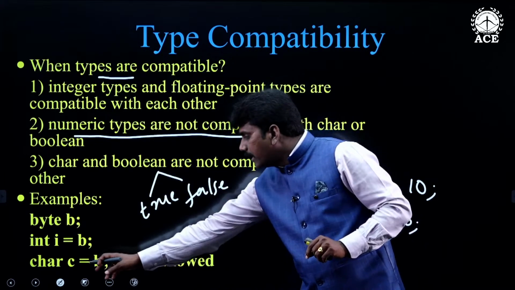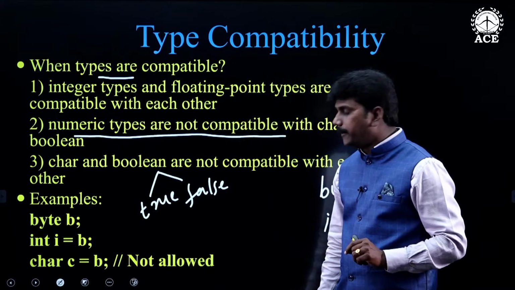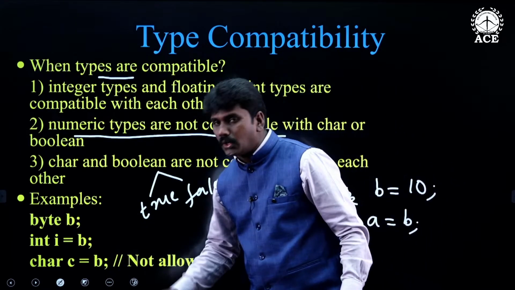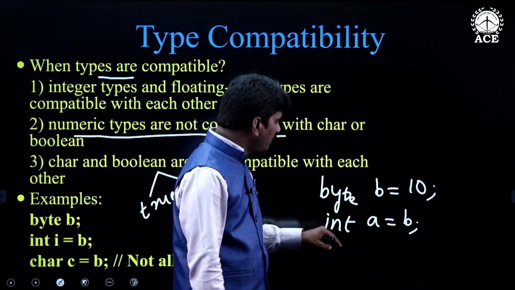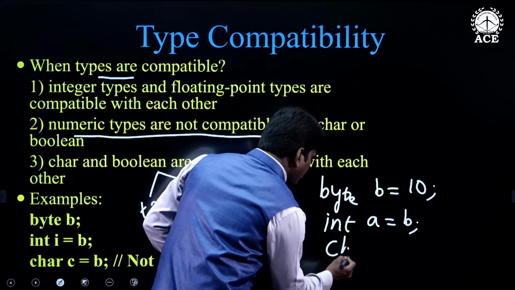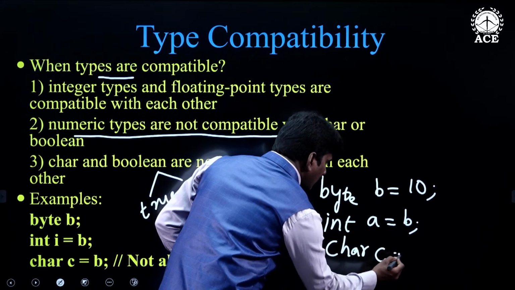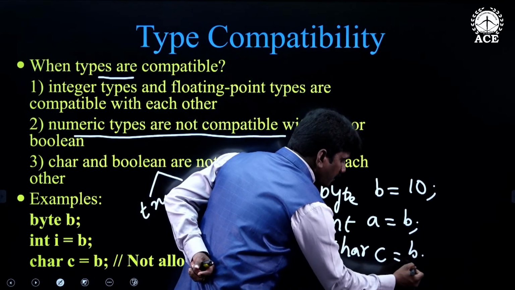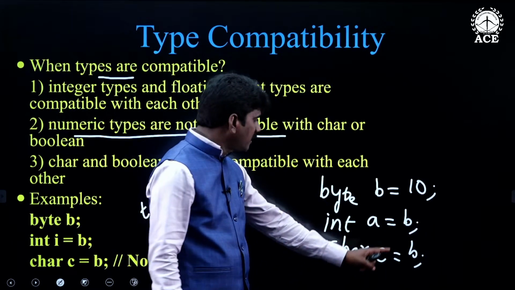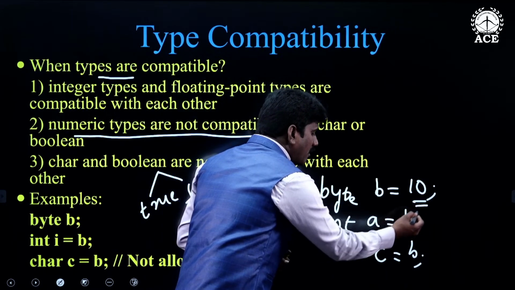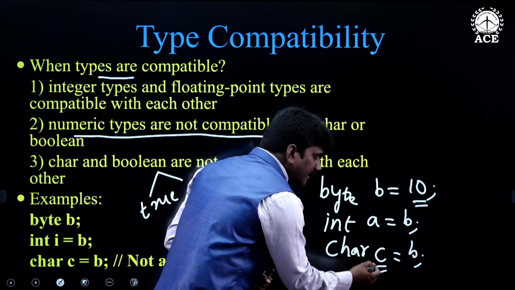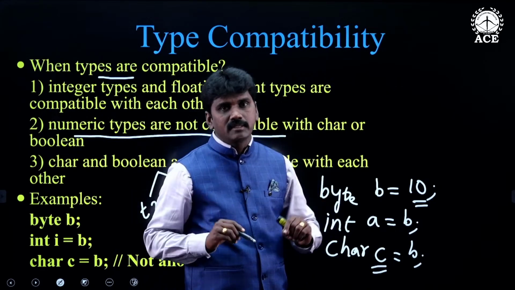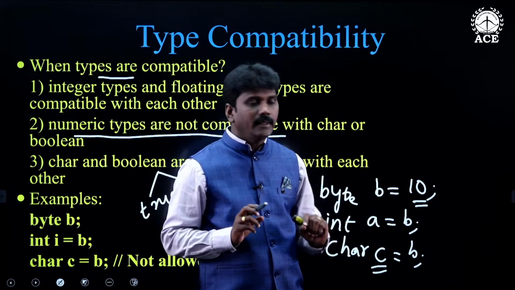Now next one, char c is equal to b. Now we are trying to store one integer value. b is actually a byte. char c is equal to b means one byte value like 10 we would like to store in the character c, but the character will hold the values within single quotations only.